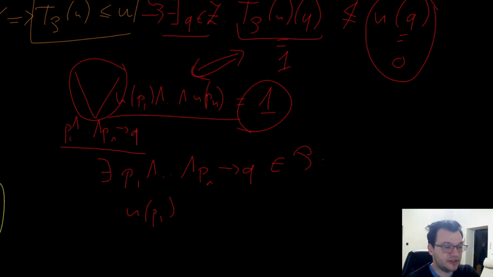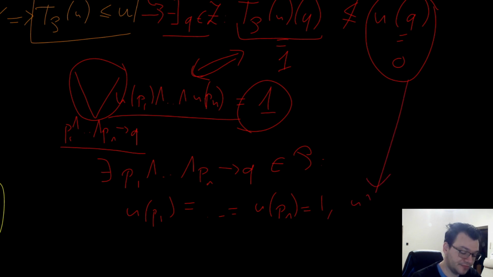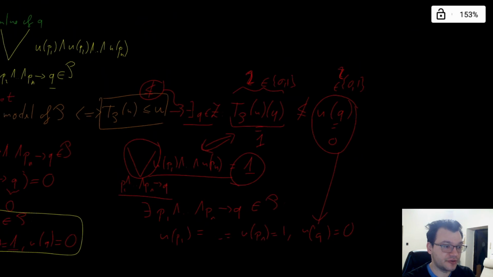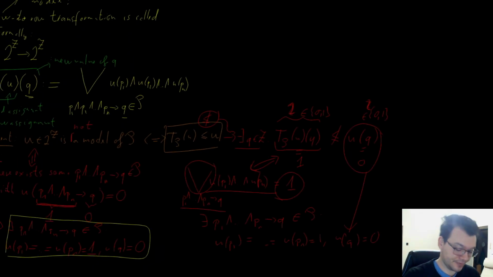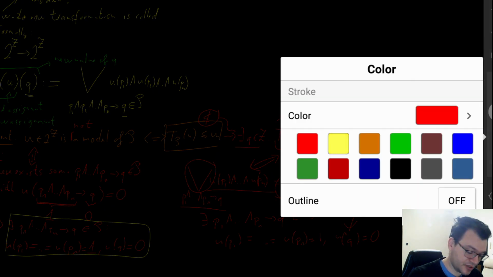The empty set also falls into this category, so the supremum of the empty set is also 0, because that's the least element of the poset 2. So this holds if and only if U of Pn is 1 and U of Q is 0. And if you just view this from a distance, then these two guys are the same. These two guys are the same.